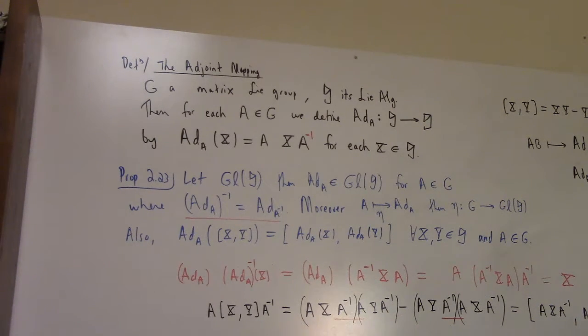Maybe I'll ask this one, if I can remember. So here we have add A of X, add A of Y. What is that saying?